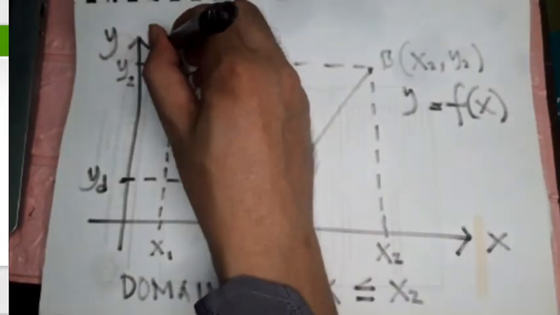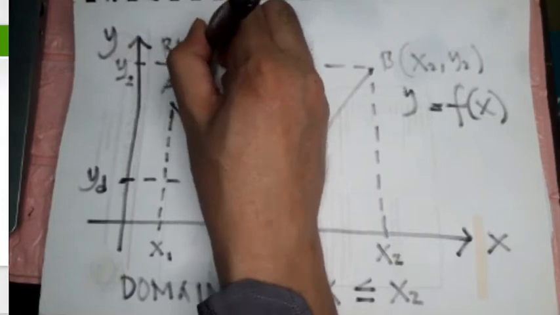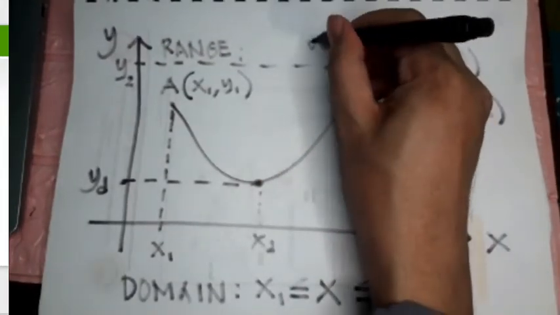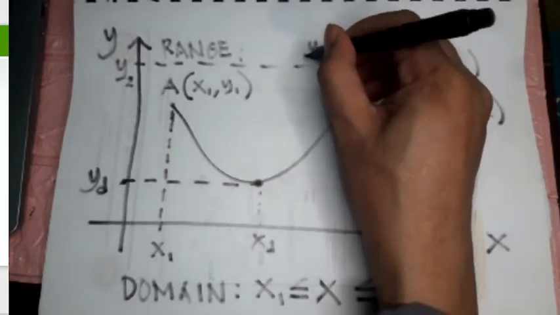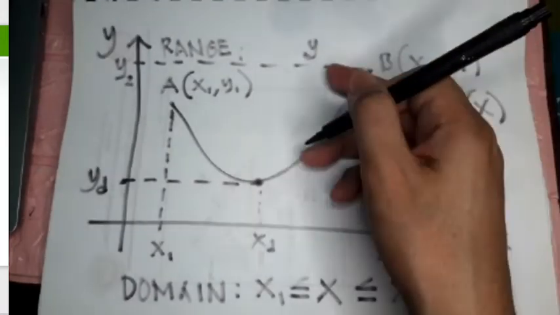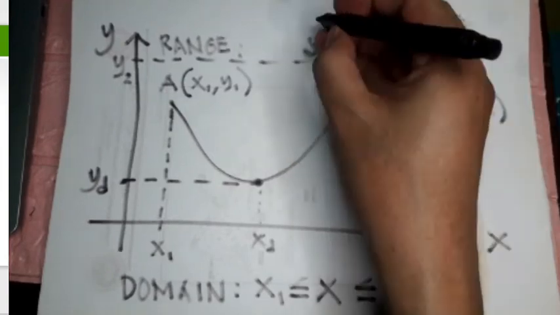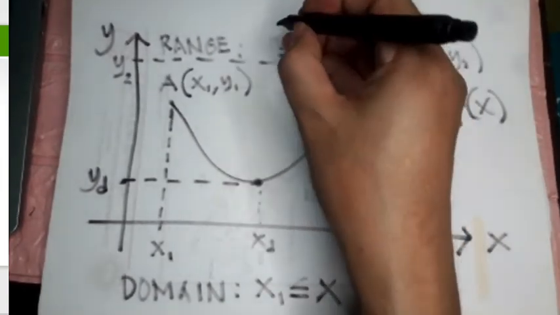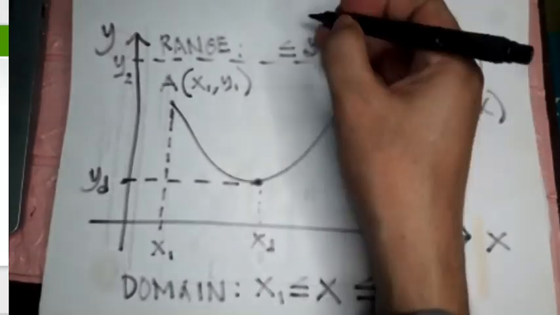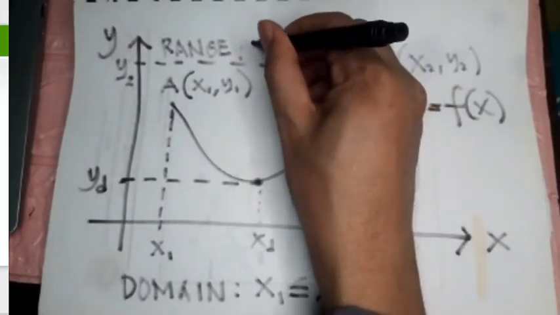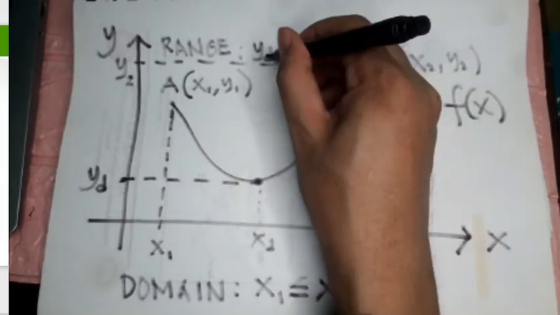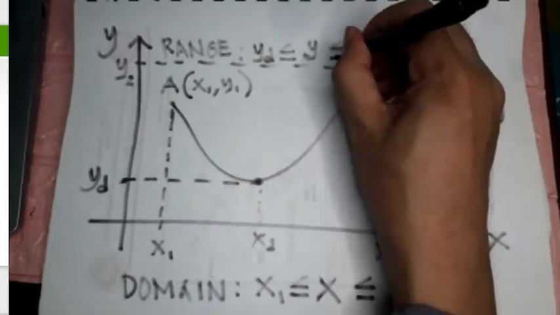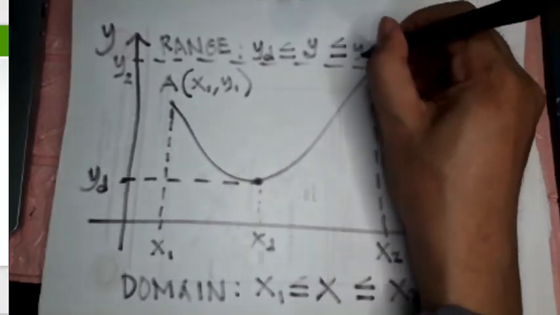What is the range? The range is all the values of y, from yD, equal to or greater than yD, and equal to or less than y2.